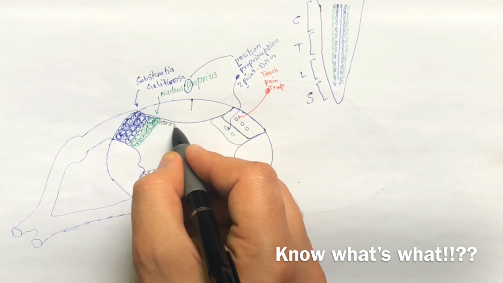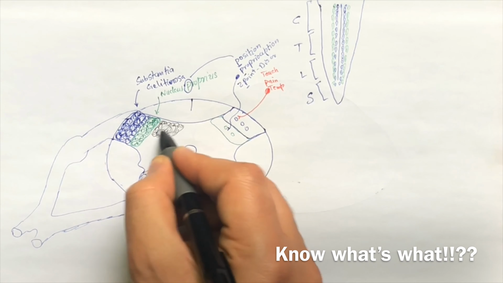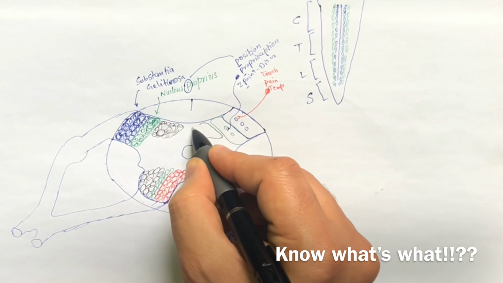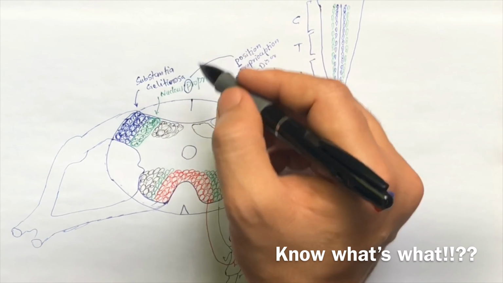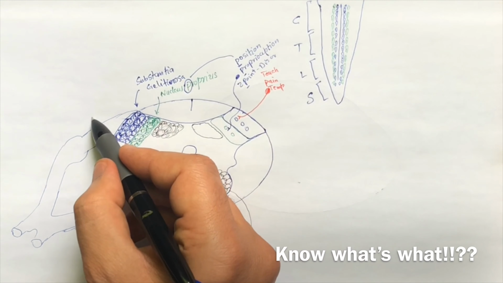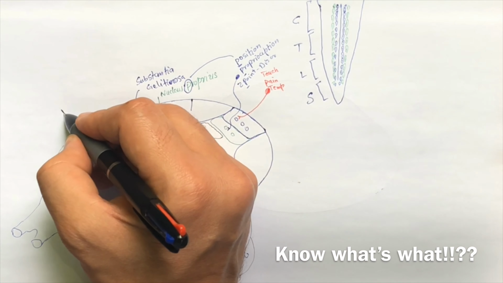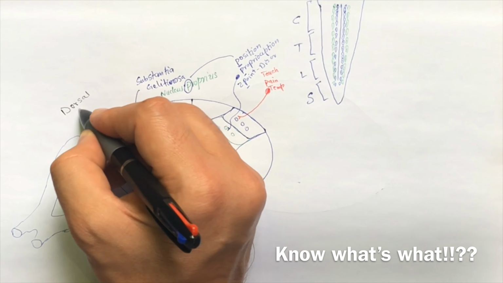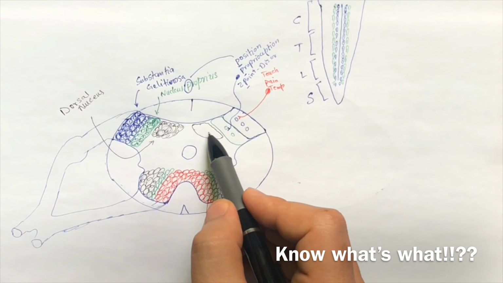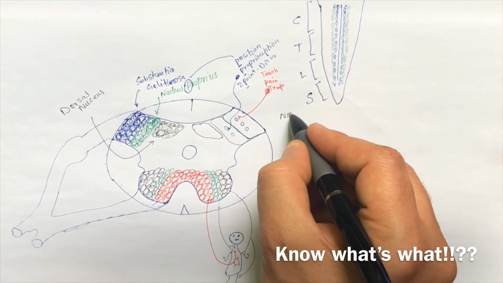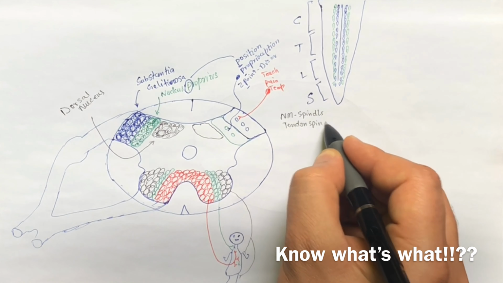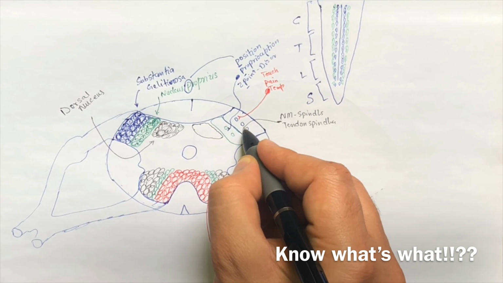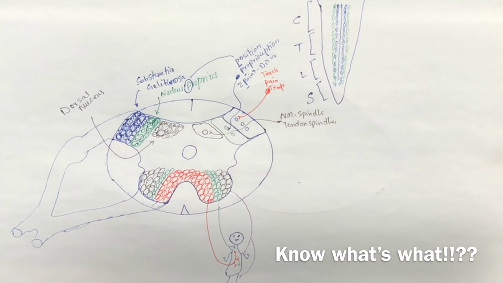Okay, so we have dorsally another group of neurons, and it will be called the dorsal nucleus. Okay, so they lie dorsally in the spinal cord. If you see, they're very near to the dorsal column, and they will receive proprioception from the neuromuscular spindles and the tendon spindles, and they will terminate here in the dorsal nucleus.